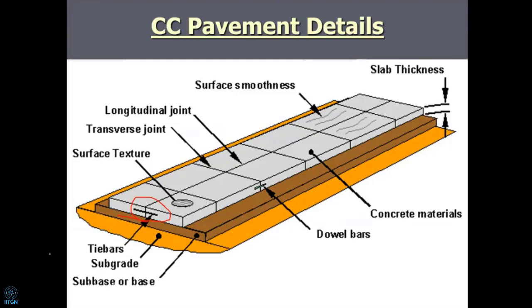And this layer of base or subbase, which is of course granular, that means made of stones only, was supposed to facilitate the construction of the concrete portion and also allow drainage. It was not a structural layer. Today it is a structural layer, it has a lot of thickness, and it even has two layers. We will see more of it as we go further.